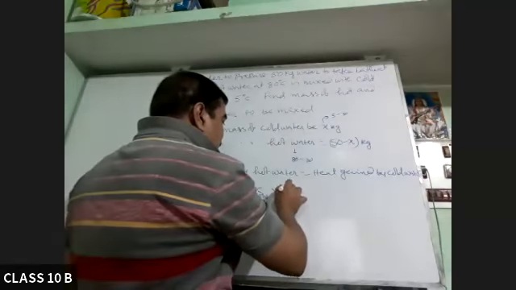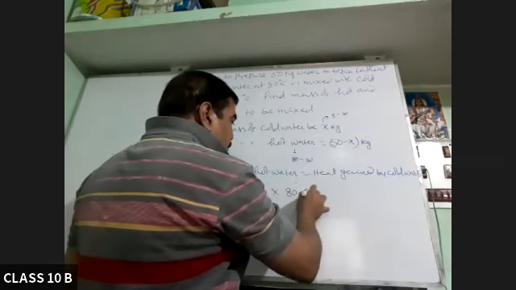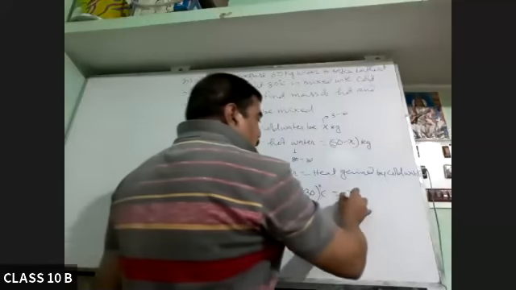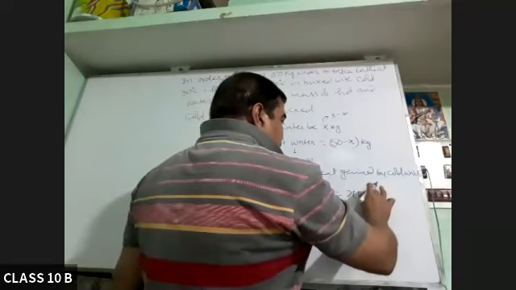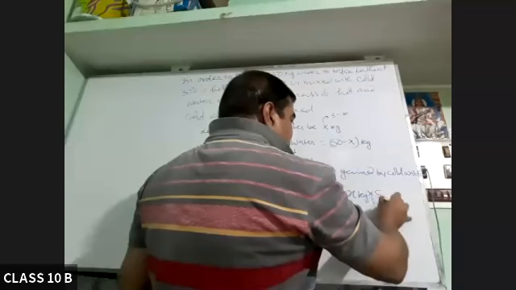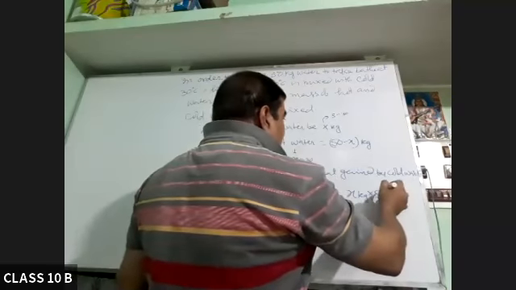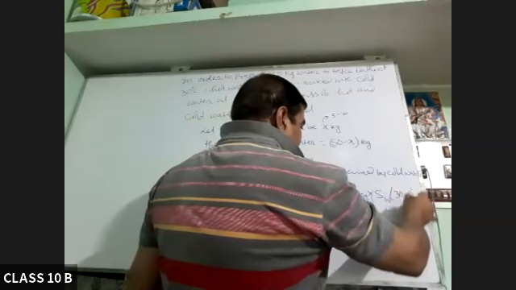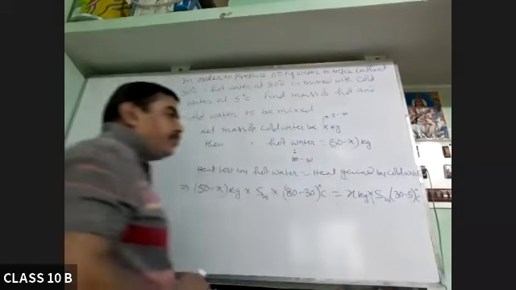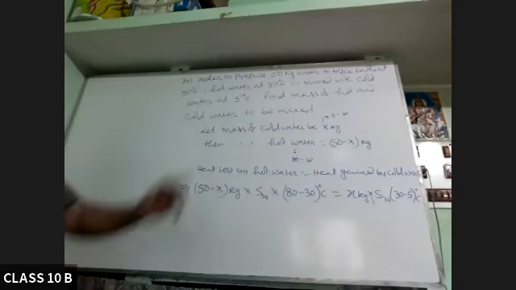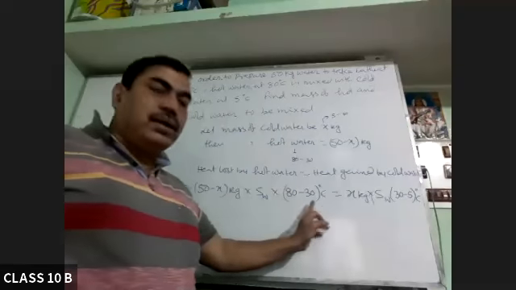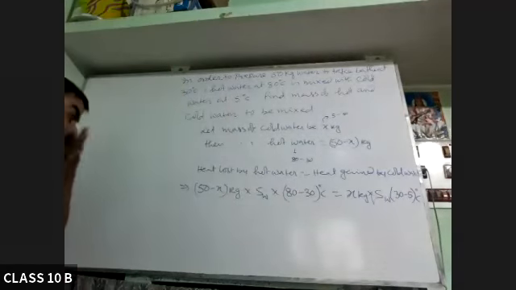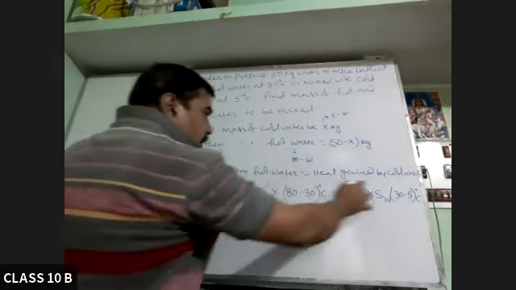Its temperature is decreasing from 80 degrees to 30 degrees. Mass of cold water is x kg, specific heat capacity again the same SW, and its temperature is increasing from 5 degrees to 30 degrees. So this SW will be cancelled.